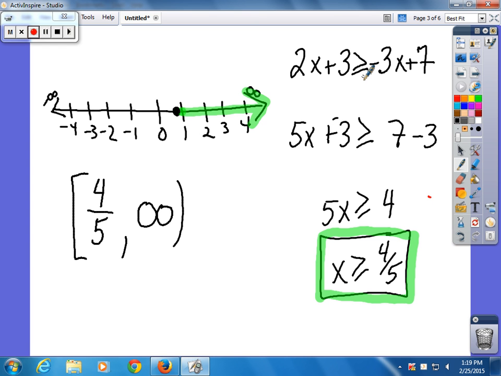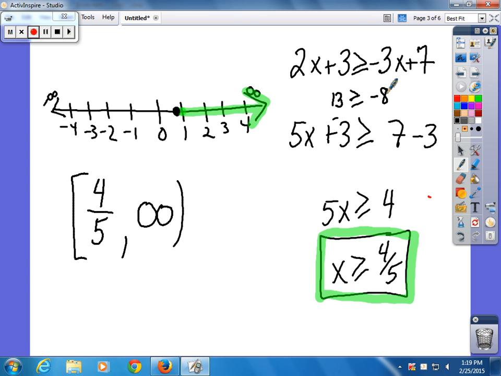So let's pick 5. What's 2 times 5? 10 plus 3? 13. What's negative 3 times 5? Negative 15 plus 7 is negative 8.